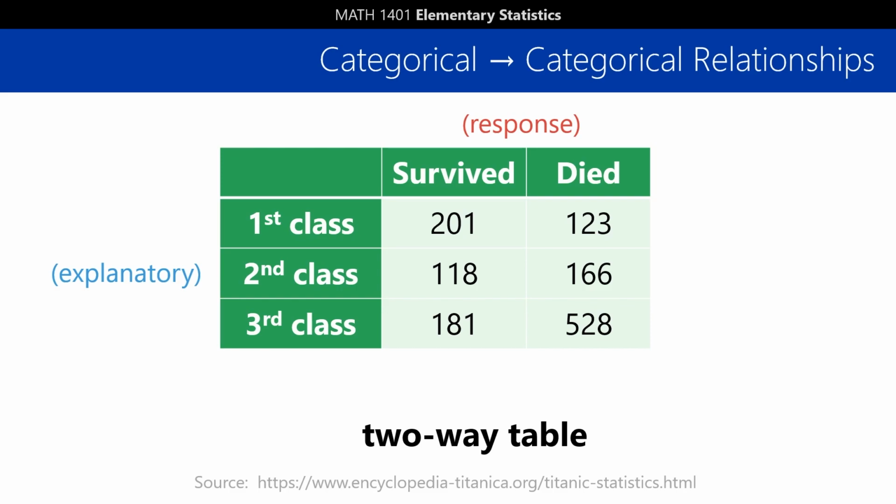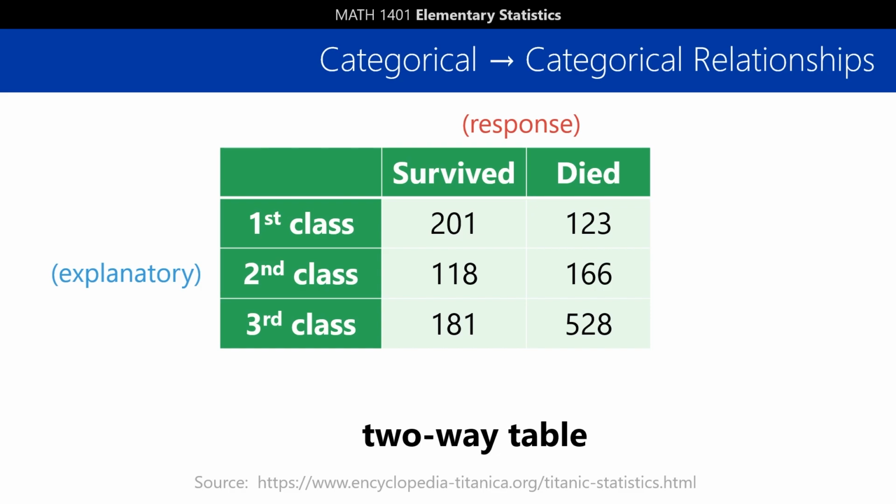In this case, we've got class as a categorical explanatory variable for the rows, and survival status as a categorical response variable for the columns. Note that even though class is designated with a number, first, second, third, it's still a categorical variable because there's no quantitative relationship between the different classes.